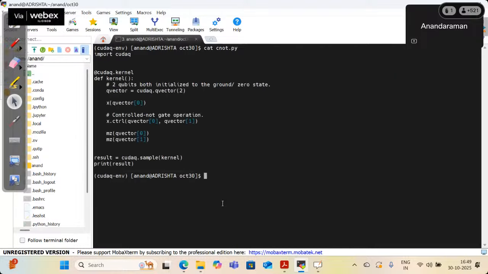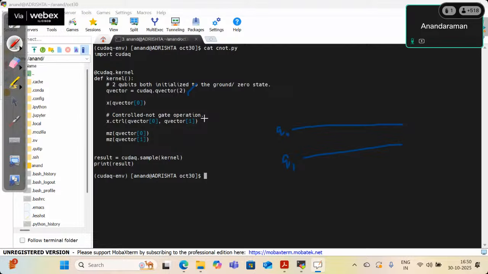So this is the code. Here we are creating 2 qubits, because qvector of 2. This is q0 and this is q1.